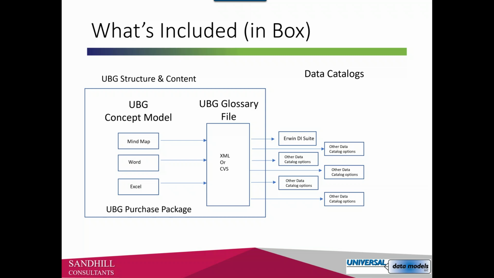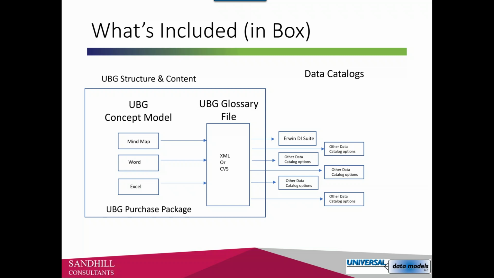We also thought it might be a good idea just to give people an idea of what is included in the business glossary. And so we've actually got a mind map, which shows a hierarchical structure of the terms graphically. We have a Word document showing the hierarchical structure of the terms in the numbers and indented notation. In fact, you actually saw a preview of that in one of Len's slides. And then the Excel term and definition source file, which provides a complete set of terms and definitions that can be imported into any data catalog.